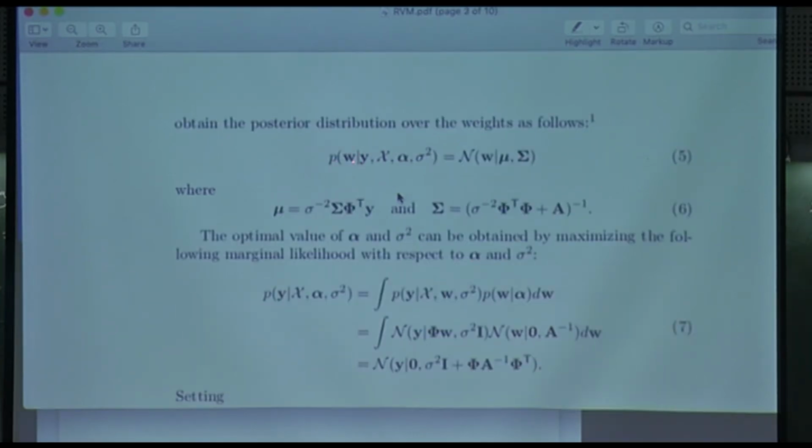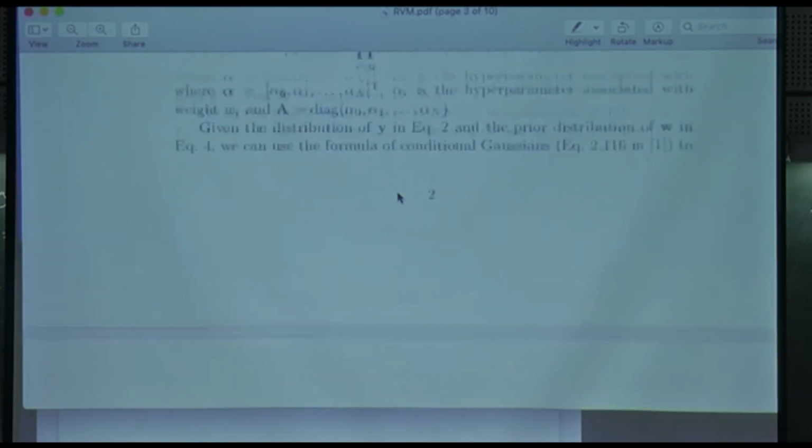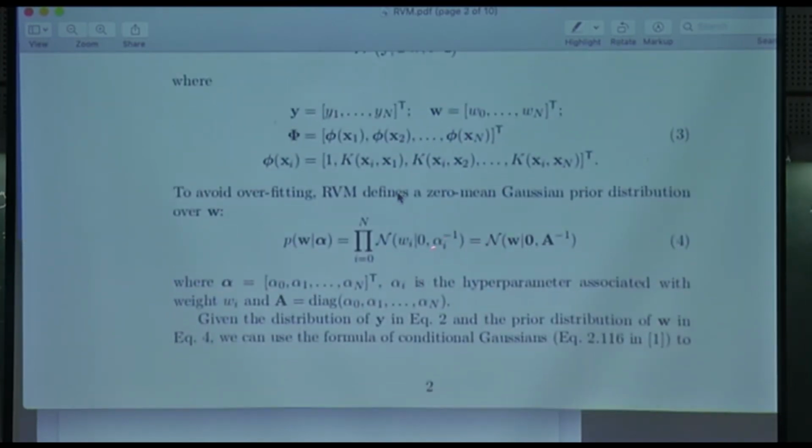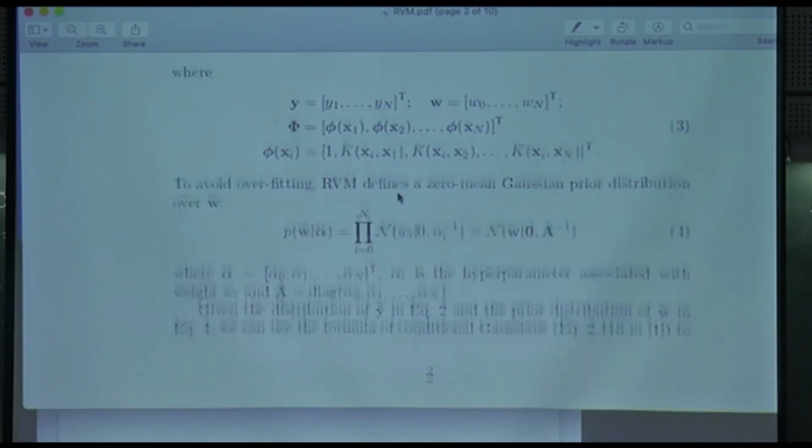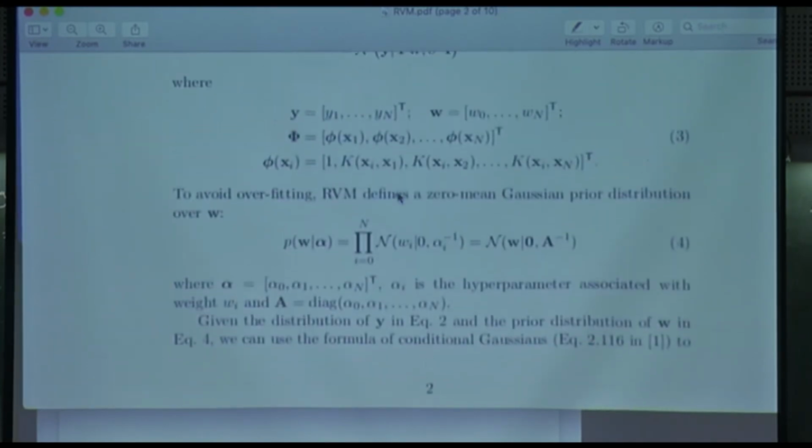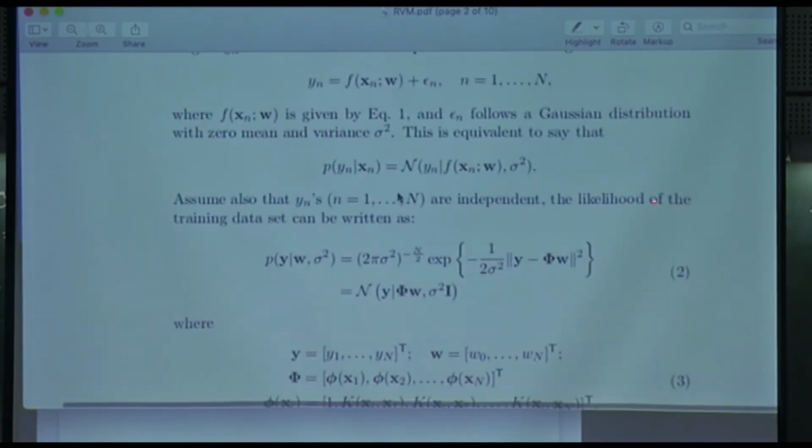The posterior distribution of the weight W given Y and X and alpha and sigma squared. So I can go back, and this is what the mean vector looks like, this is what the standard deviation looks like, the optimum value for alpha and sigma squared. What are alpha and sigma squared? Alpha determines the variances of this guy, and sigma squared is the error that is associated over here.